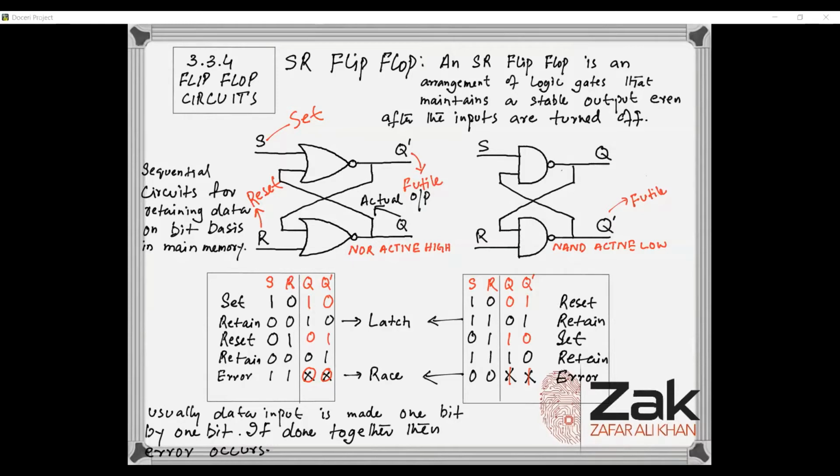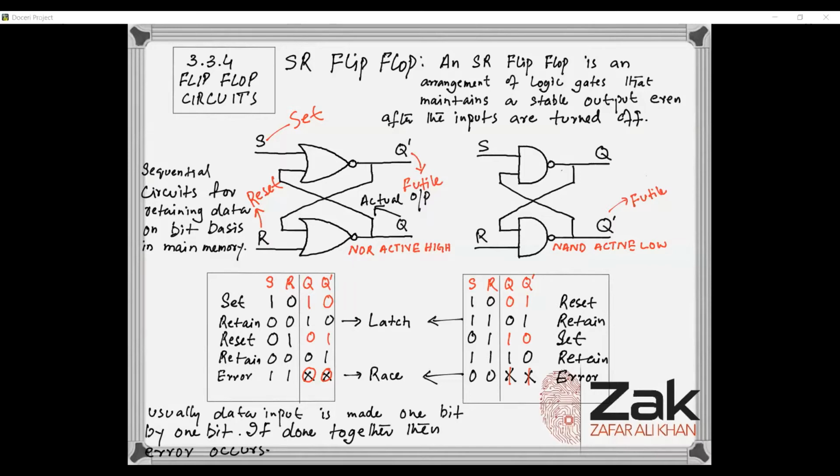Once S has 1 and R has 0, the output will be at Q. System does not read output from Q naught. System only reads output from Q. All right, so why do we use Q naught? Because system would have no other way to find out whether the result is correct on Q or not.